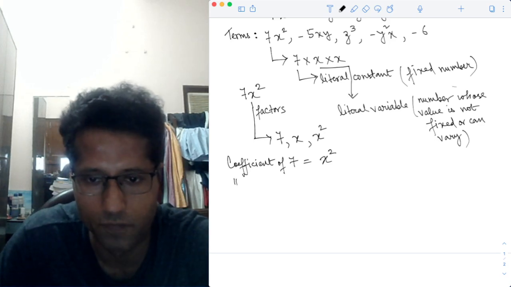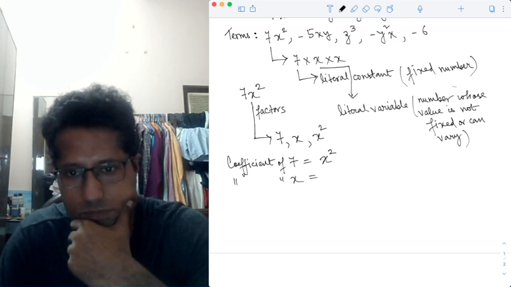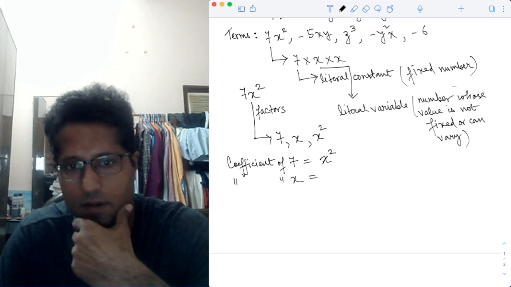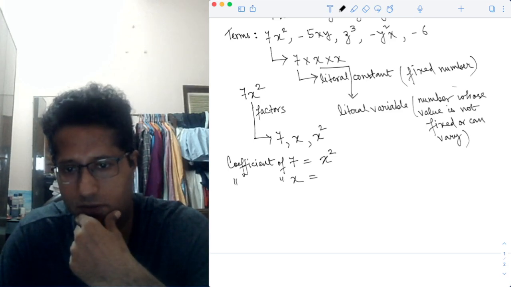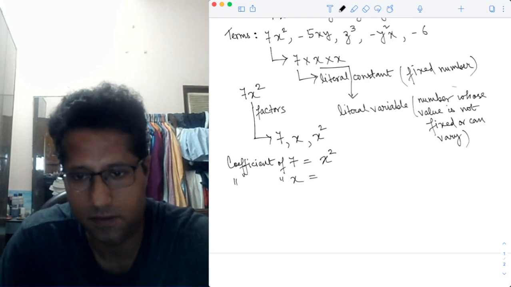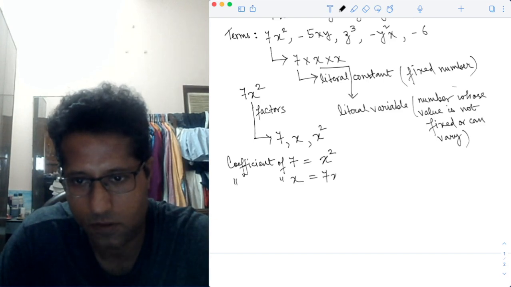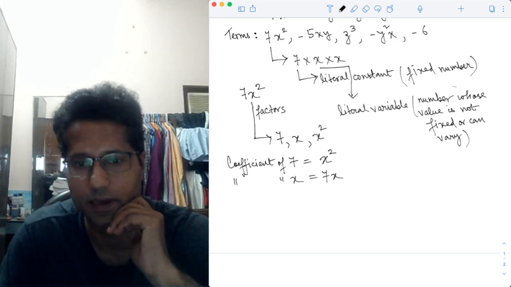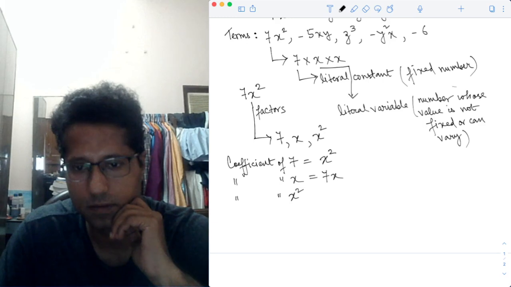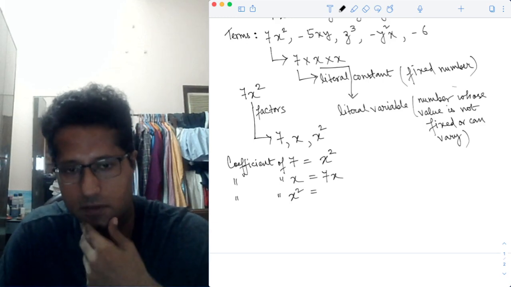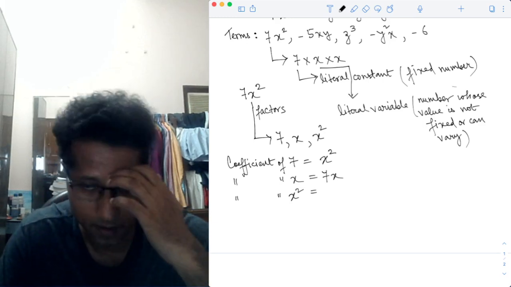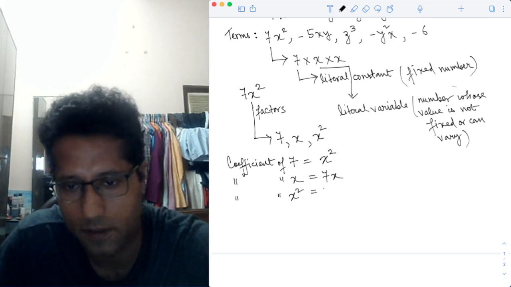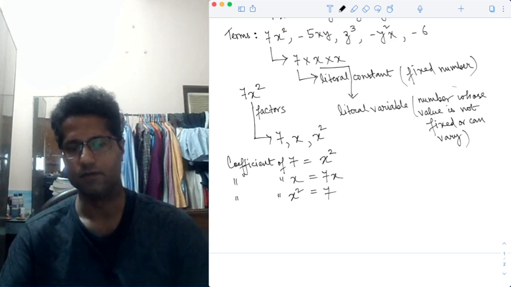Similarly, the coefficient of x is, I leave x, remember the term is 7x square. So if I leave x, what remains is 7x. So the coefficient of x in the term 7x square is 7x. Similarly, the coefficient of x square in the term 7x square is, you leave the x square and what remains is the coefficient, that is 7.